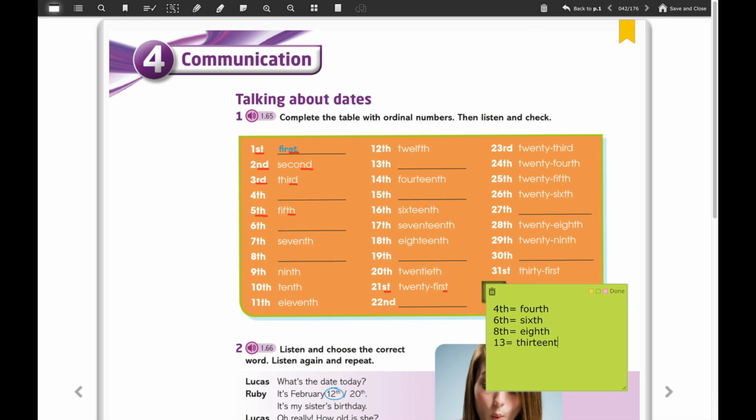In this part, you have to use the 13 and then the TH. Okay. Then we have 15, and you're going to write it like this, 15th. Then we have the 19th, and you're going to write it like this, sorry, 19th.